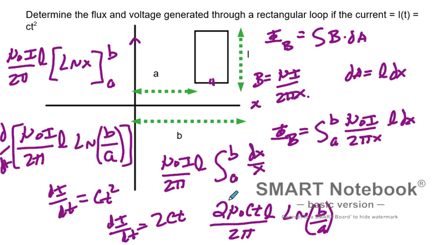And of course, we can simplify this by dividing out our 2's. And we have mu naught Ct L divided by pi times the natural log of b over a. And that's going to equal the value of our E, or our voltage, for this system.